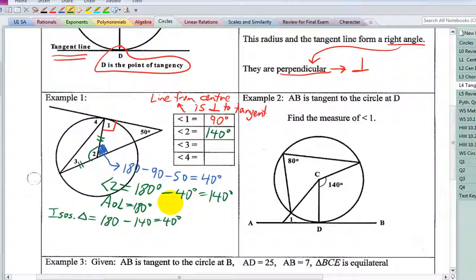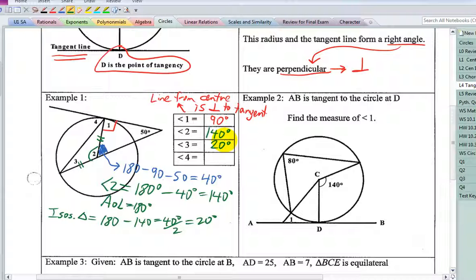That's the bottom two angles. Okay, the two equal bottom angles. So how would you find one of those two equal bottom angles? Divide by 2. And so that's angle 3.